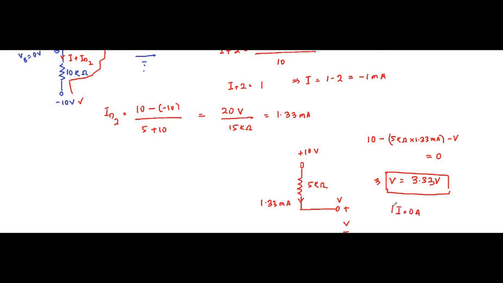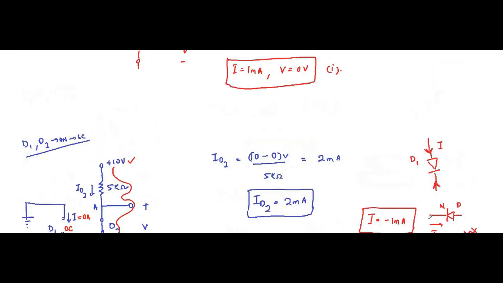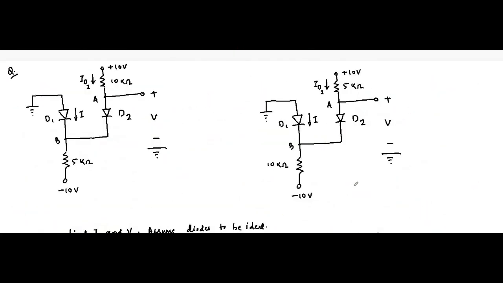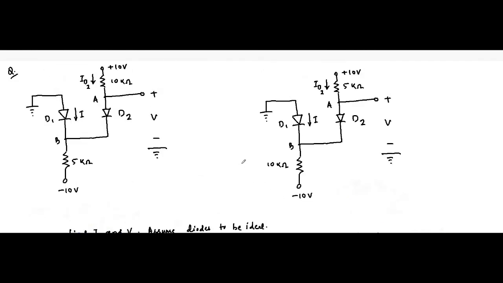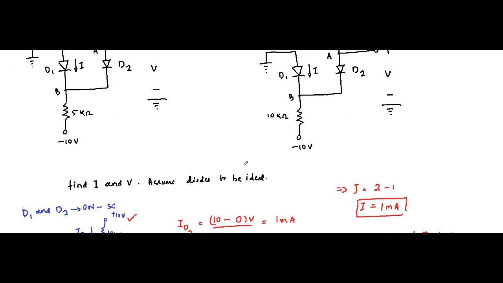So the important concept from this question is that whenever you come across questions like this, where it is very difficult to say in a straightforward manner whether this is reverse bias or forward bias, you have to take the help of calculated assumptions.